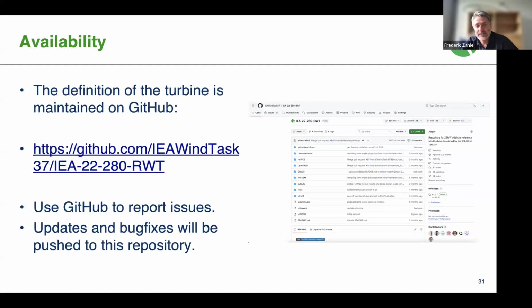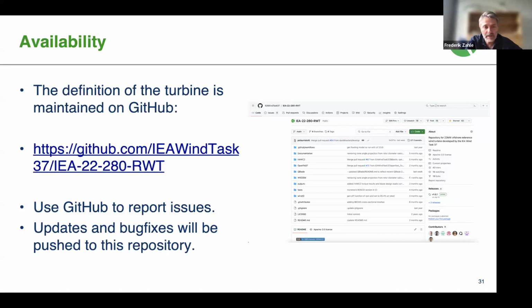Now, turning to some wrap-up on availability. The report I described is available. If you want to dive into all the data, you need to go to GitHub, where at this address shown here, you can download the data files in the form of a WindIO definition of the wind turbine, as well as aeroelastic code definitions of the turbine in Hawk2, OpenFAST and QBlade, as well as WISDEM inputs to run analysis of the turbine.